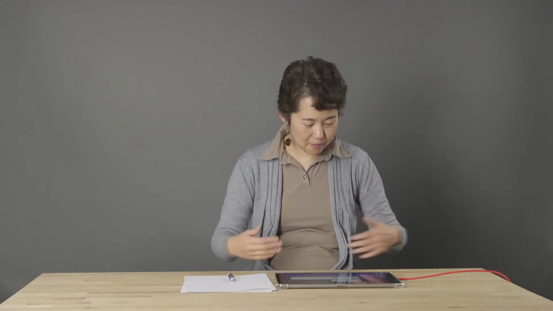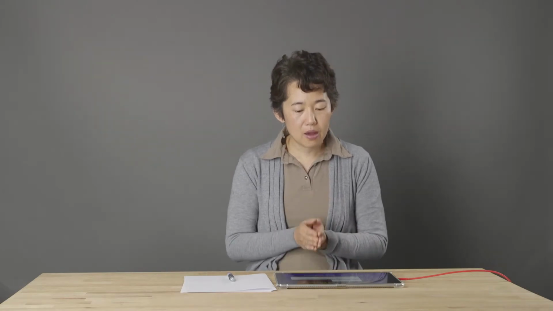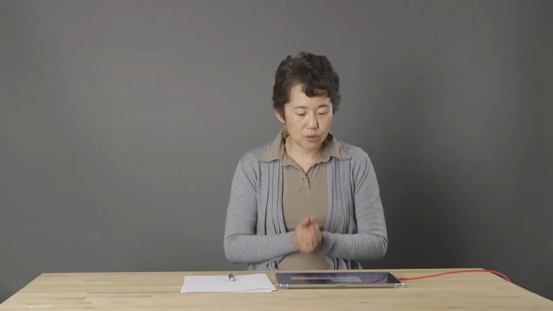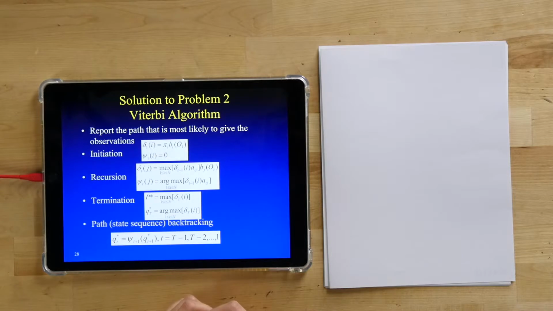Or to maximize the number of correct guesses. In addition, at every location, at every coin flip, we have a probability estimate of whether this is a fair or biased coin, so you know how confident that guess is.